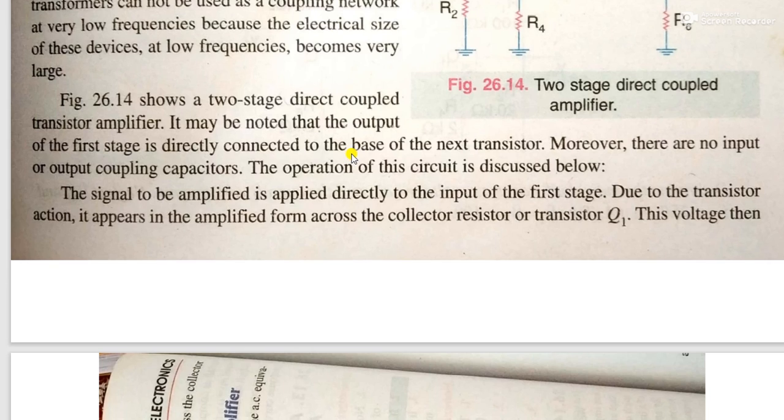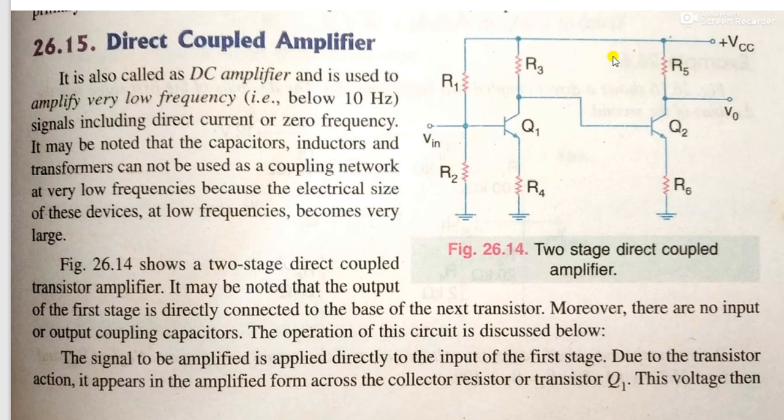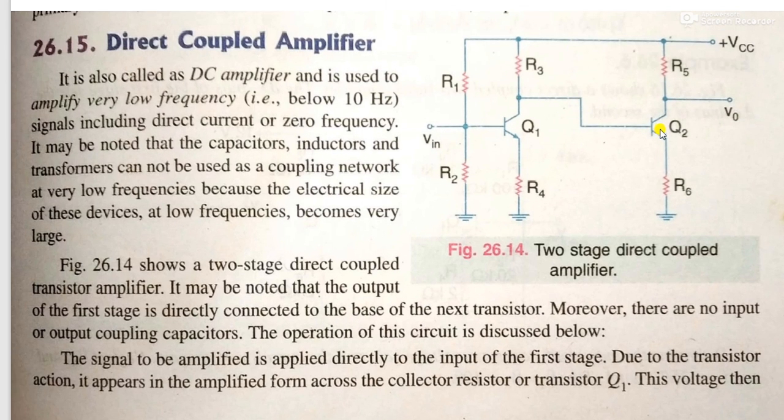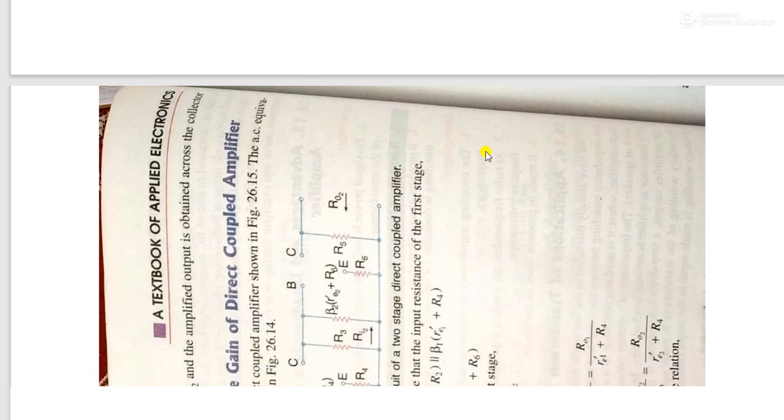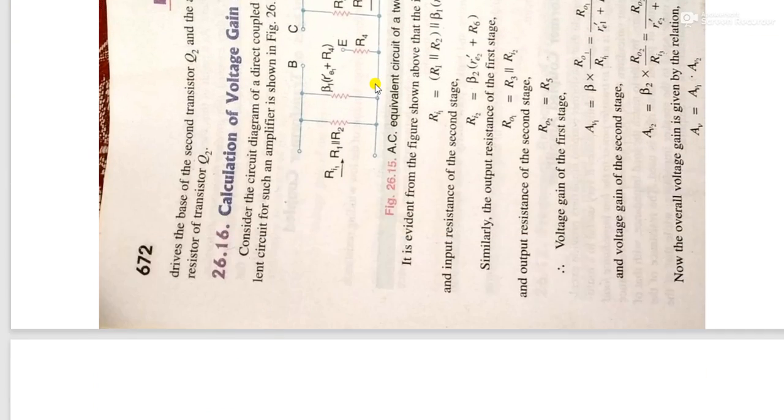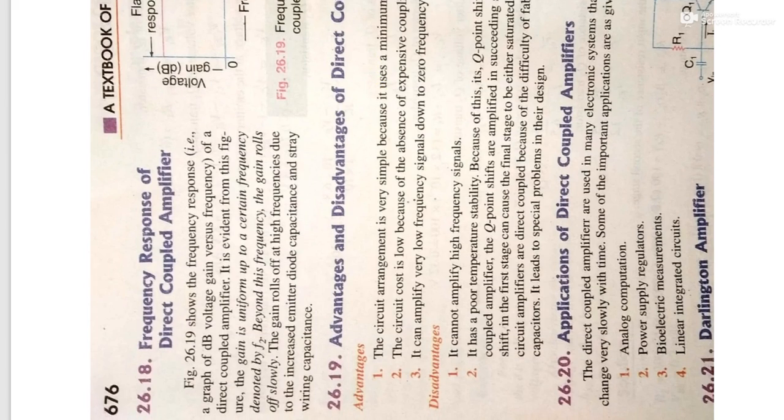The voltage then drives the base of the second stage, that is Q2, and the amplified output across the collector resistor of Q2 is taken as V0.